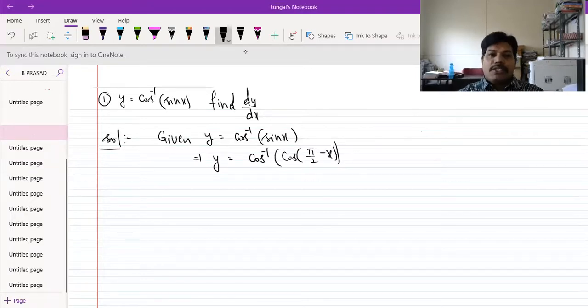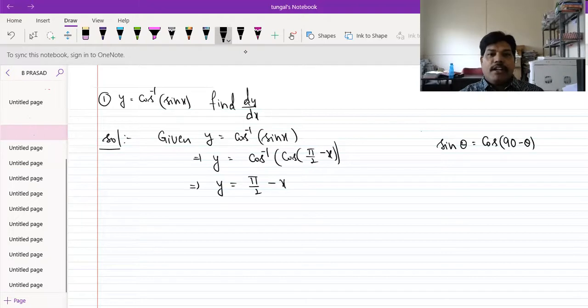Otherwise, cos inverse x you can write as pi by 2 minus sin inverse x, like that one also. So here I am going to use sin theta, which you can write as cos of 90 minus theta. So use this form here. What will become that? That implies y is equal to, cos inverse will be cancelled, you will get pi by 2 minus x.